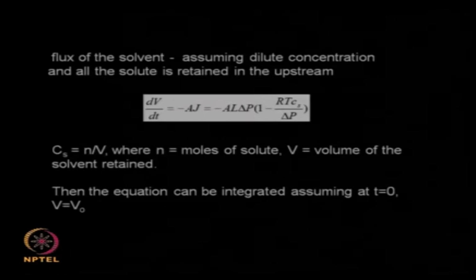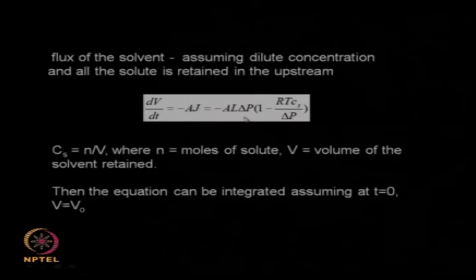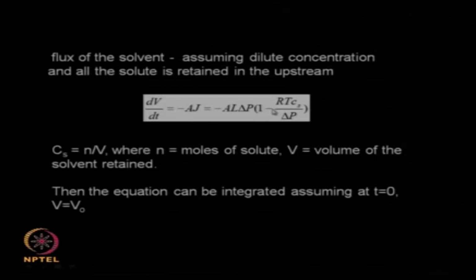Now, let us look at the flux of the solvent. The flux of the solvent will be dV by dt, that is the volume of the solvent retained, that is equal to minus AJ. J is your flux, A is the area. So, J is given by L delta P times 1 minus the osmotic pressure value here, assuming S is equal to 1.